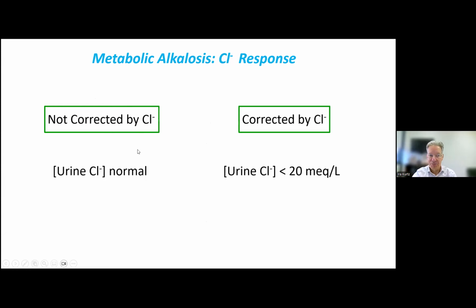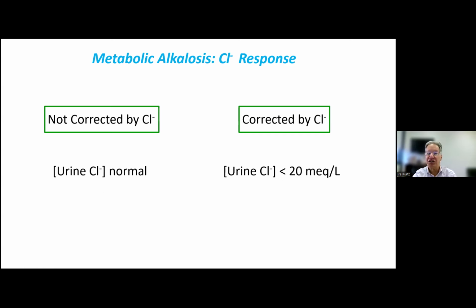But if you want to predict what's going to happen without giving the patient chloride, you can look at the urine chloride, and the urine chloride concentration predicts for you, without having to do the experiment, what will happen when you give chloride. If the urine chloride is normal, and by normal it means what you would expect on that dietary chloride intake and that water intake, because we're dividing those two outputs, remember, to get the chloride concentration. You need to know both.